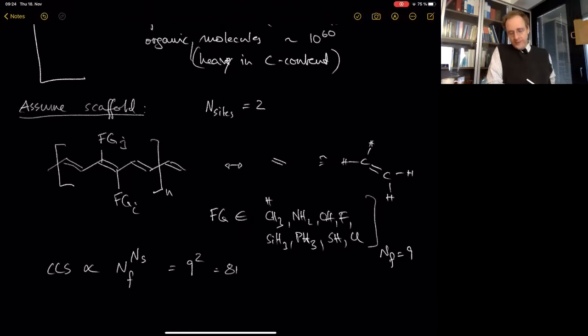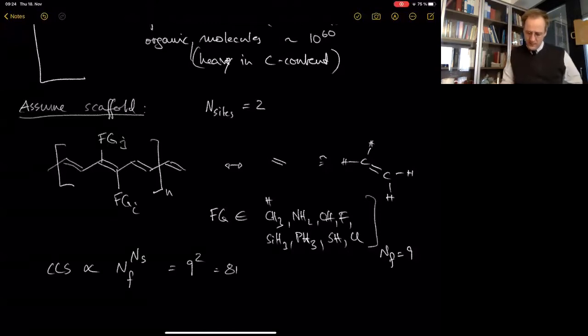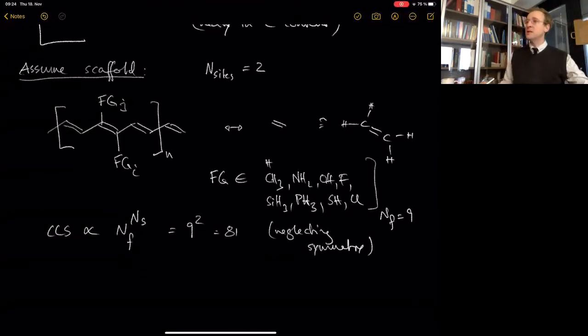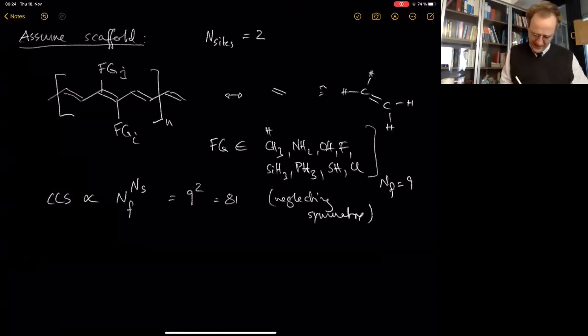Possible groups. And so, neglecting symmetry, you could imagine this is basically a 2D space, right?